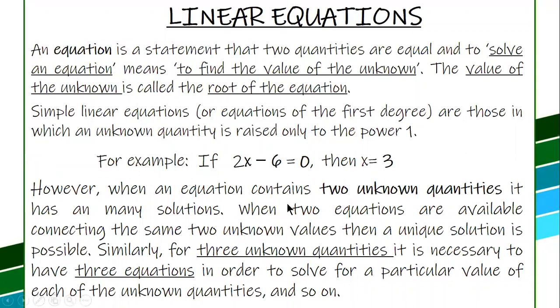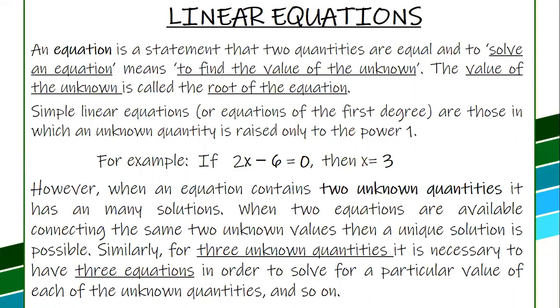So, however, when an equation contains two unknown quantities, it has many solutions. Di ba? Two quantities, x and y. So when two equations are available, connecting the same two unknown values, then a unique solution is possible.